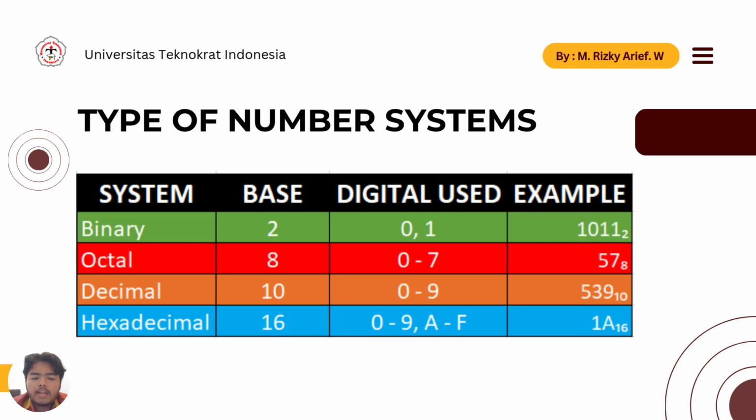And finally, the hexadecimal system with base 16 uses digits from 0 to 9 and letters from A to F. It's very common in programming and digital electronics. The example is 1A. Each one of these systems helps us represent and work with data in different ways, especially when dealing with computers and digital devices.